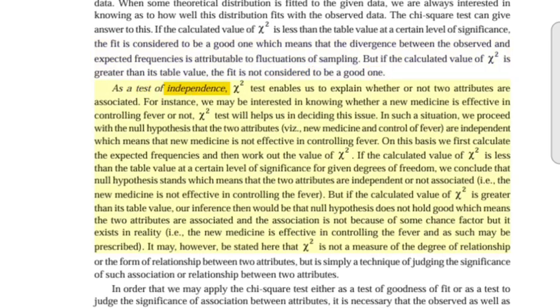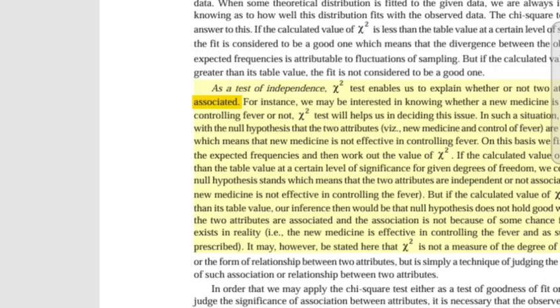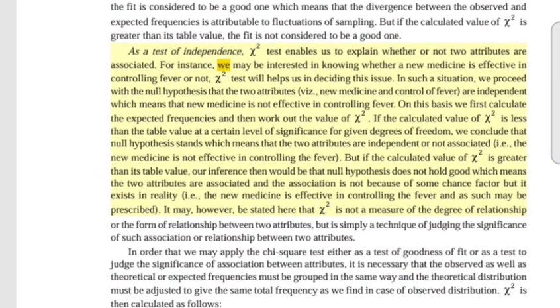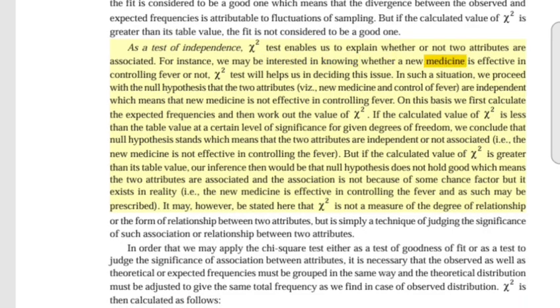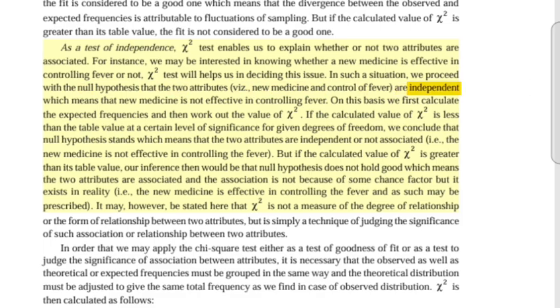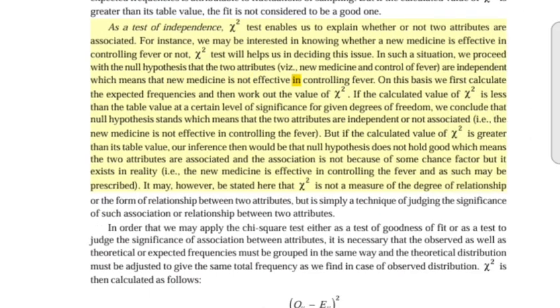As a test of independence, the chi-square test enables us to explain whether or not two attributes are associated. For instance, we may be interested in knowing whether a new medicine is effective in controlling fever or not. The chi-square test will help us in deciding this issue. In such a situation, we proceed with the null hypothesis that the two attributes, viz. new medicine and control of fever, are independent, which means that the new medicine is not effective in controlling fever.